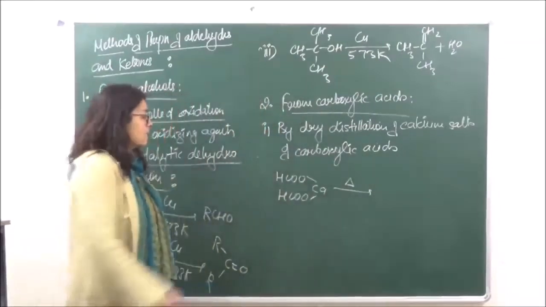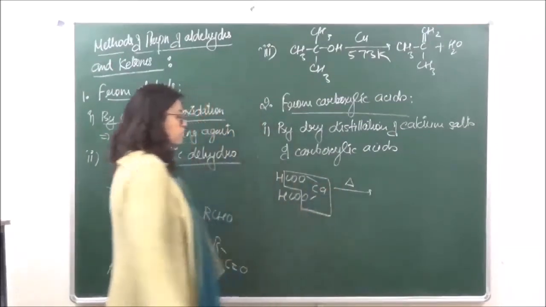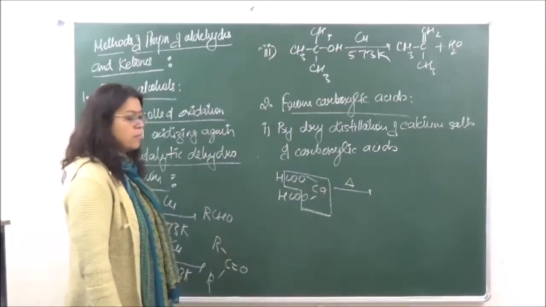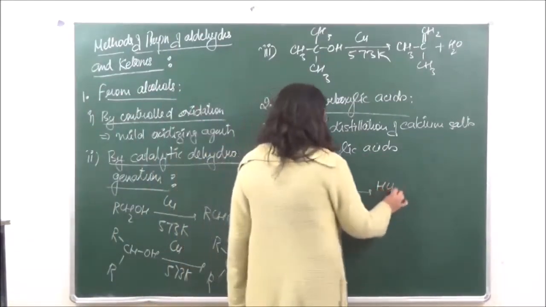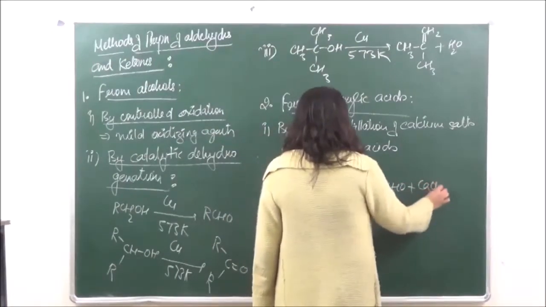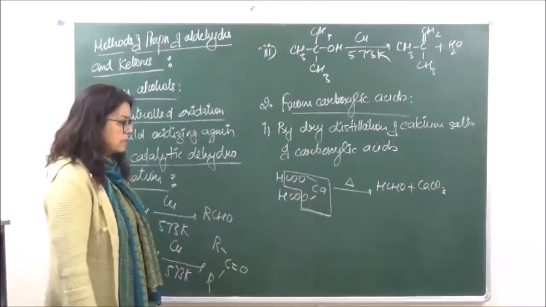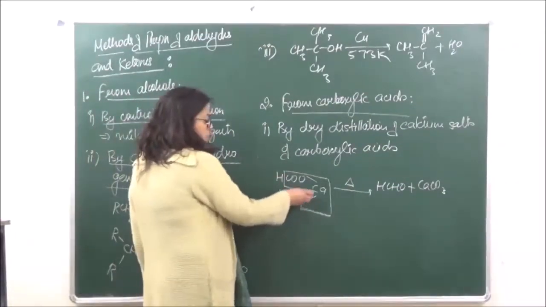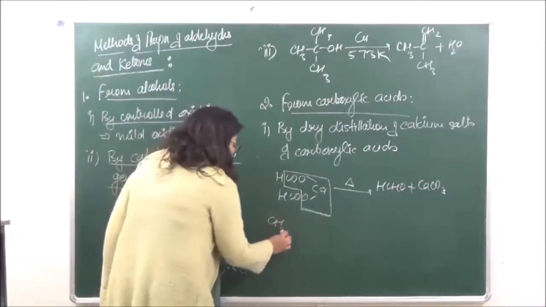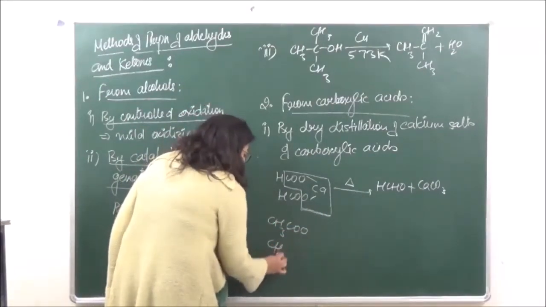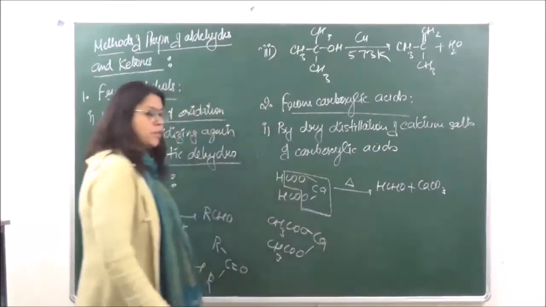So if we are heating this, what are we going to get over here? This calcium carbonate is going to be eliminated. So we are left with HCHO plus calcium carbonate. Similarly, if we are taking calcium acetate, CH3COO, this is calcium acetate.